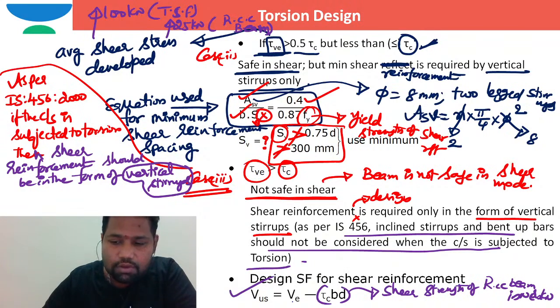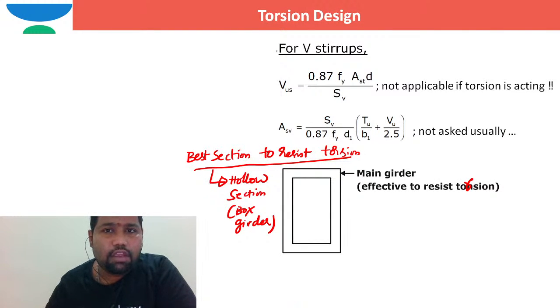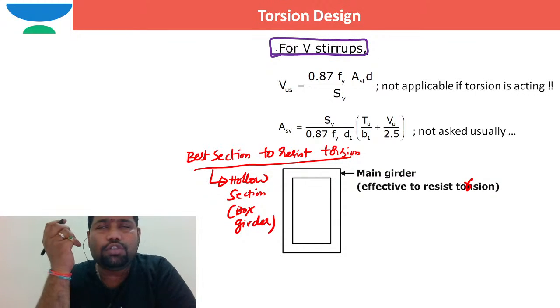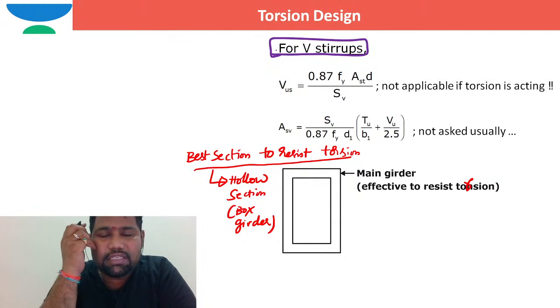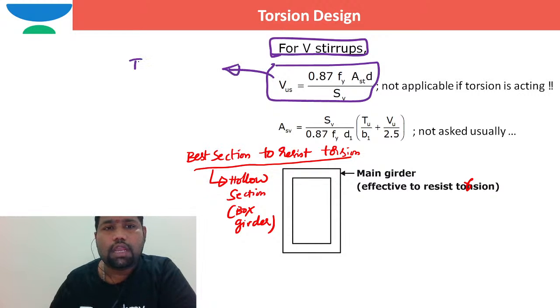After I work out this Vus, some people will ask, sir, how to design for vertical stirrups? Generally, people think that the formula I used for limit state of shear is the same formula I will use here. No, no, no. This is the formula that I used for limit state of shear.